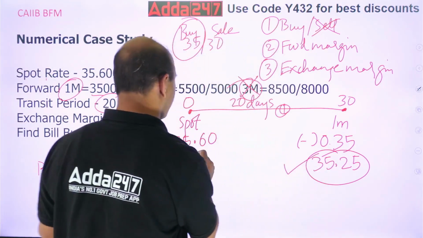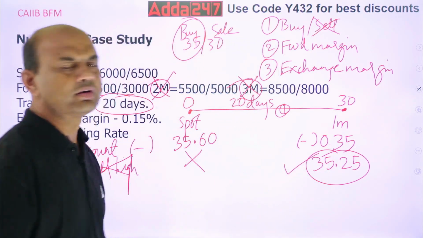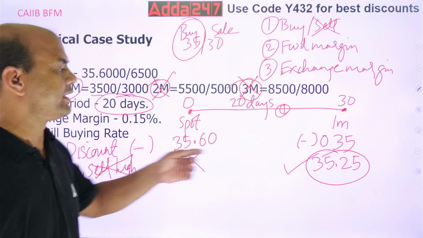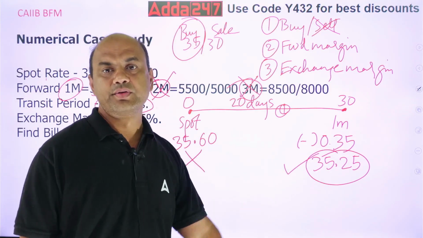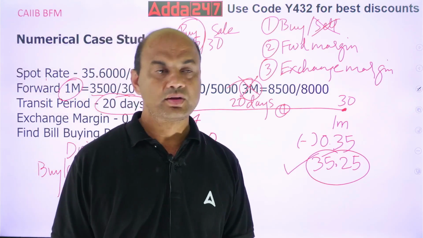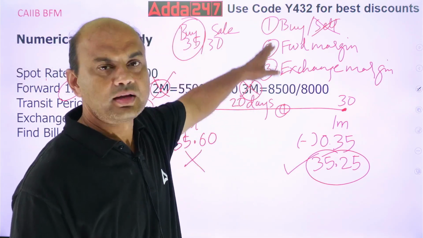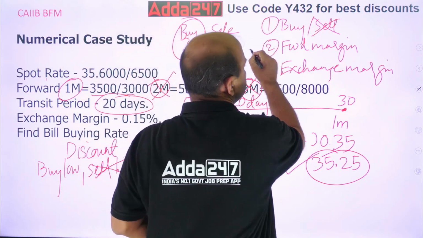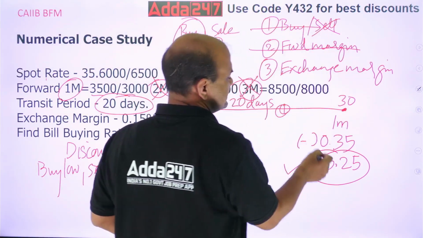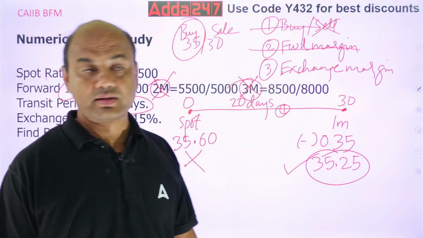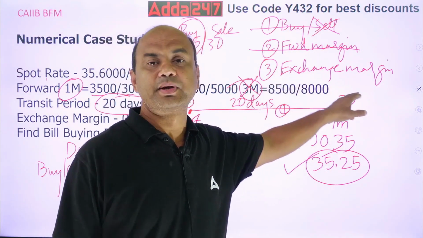I will not take 35.60; it will be cancelled. Buy low, I will be buying at a lower rate. So 35.25. Got it, everyone? Now where have you come in these three steps? First step is gone, second step is gone. This answer is for the forward margin. Now what is remaining? Third, exchange margin.